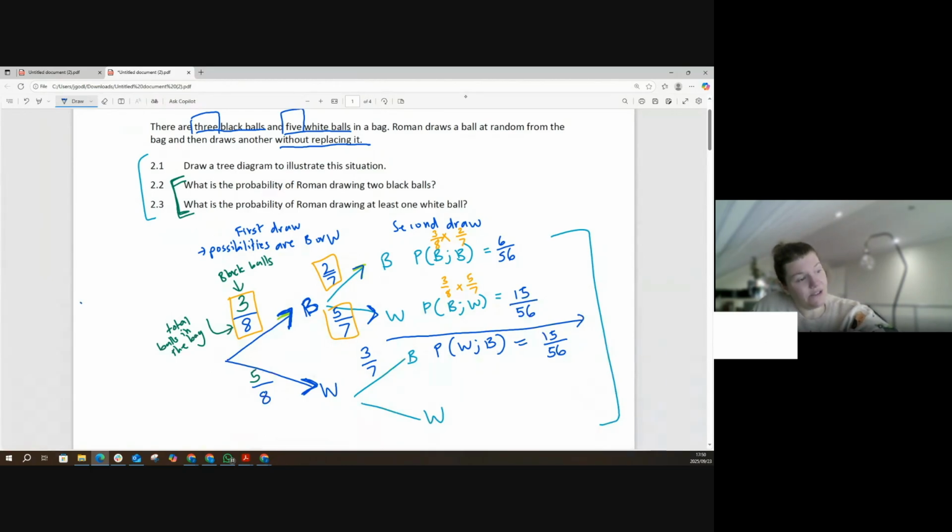And my last journey is a white ball and then a white ball. So I have 5 out of 8 my first time, but now I've taken one of the white balls out, which means I only have 4 white balls left out of 7 balls in total. So that's going to be 20 over 56.